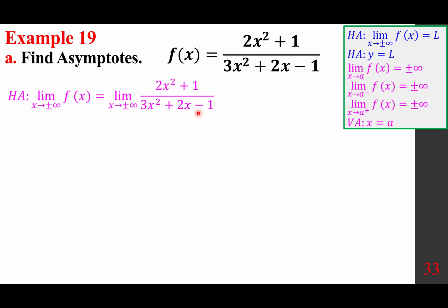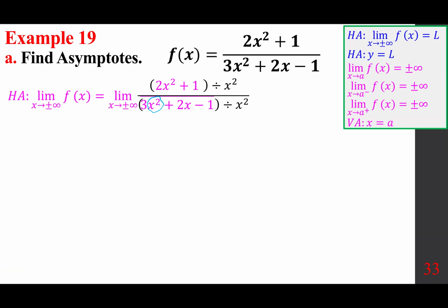Because this is a rational function, and because x approaches either infinity or negative infinity, you divide by the highest degree term in the denominator, namely x squared. So let's divide the top and the bottom by x squared.